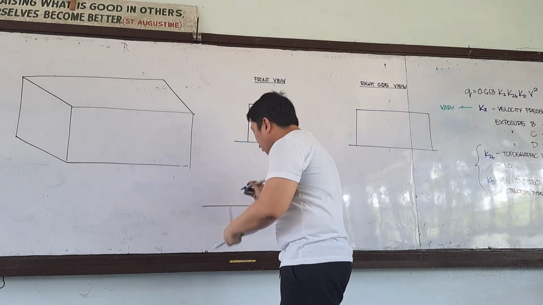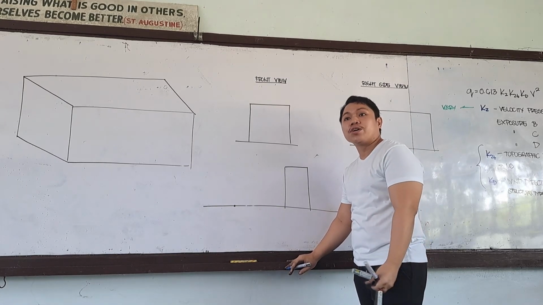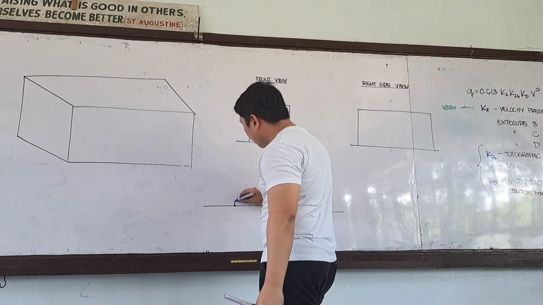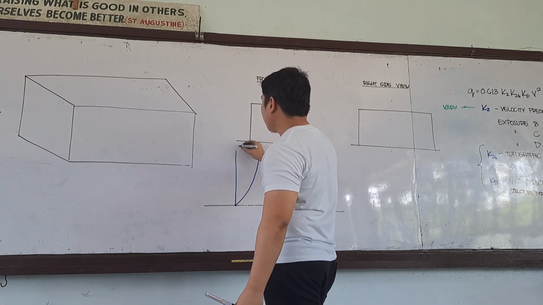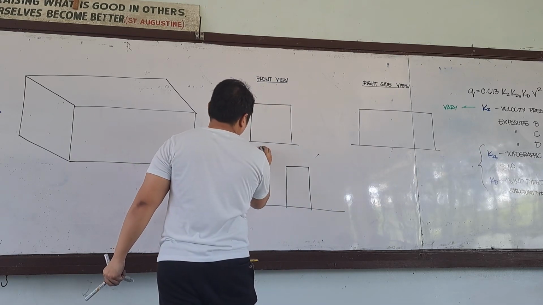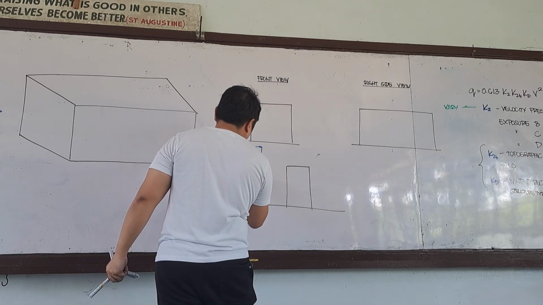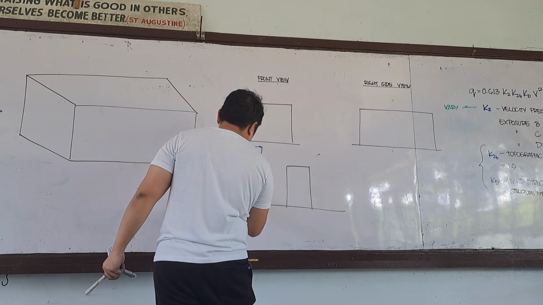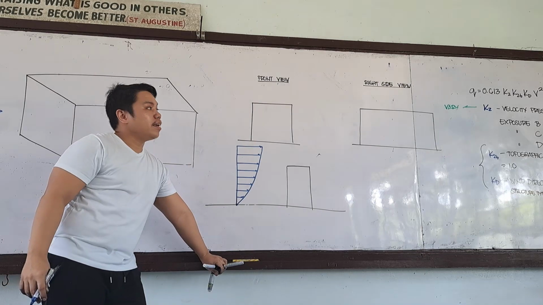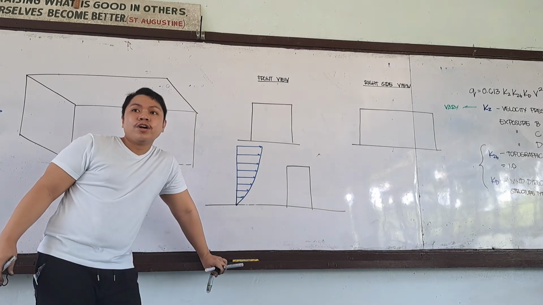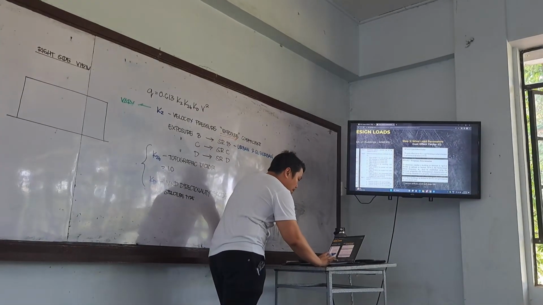From the bottom parts of our building, at the ground surface, the wind pressure or KZ is 0. Then as you go up, the wind pressure increases. The taller the building, the greater the wind pressure at the top. This is the effect of our KZ, or velocity pressure exposure coefficient. So for our KZ, we have identified the types of exposure, right?